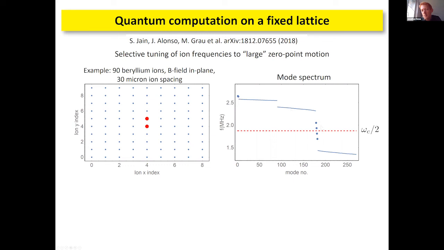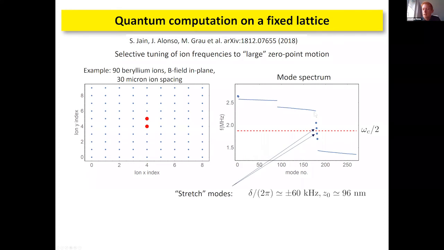But there are 6 modes corresponding to the motion primarily occupied by these two ions, which are very well separated from the band. And you'll see that two of those are not split very much at all, and that's because the ion separation is such that the axial modes, with their small zero-point motion, don't couple strongly to each other, but the cyclotron and magnetron modes do couple strongly to each other and split a lot, and actually are also split very far from the band.